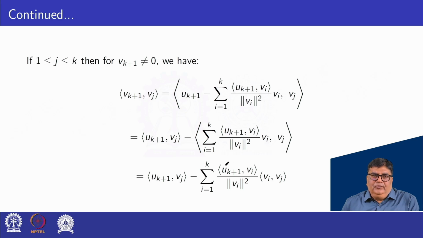So only one term remains: inner product of u_{k+1} and vj upon norm vj squared, into inner product of vj and vj.